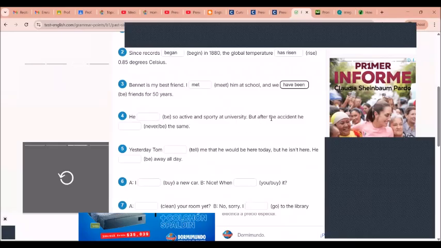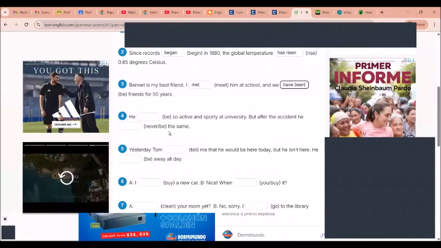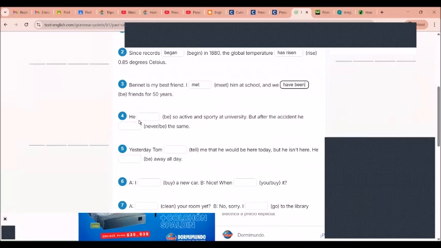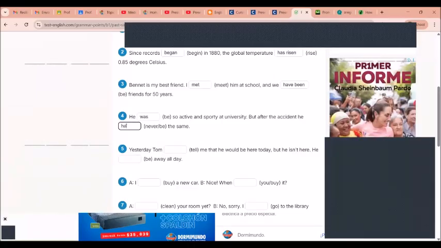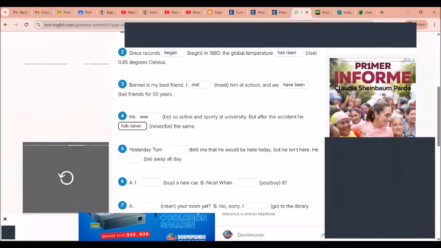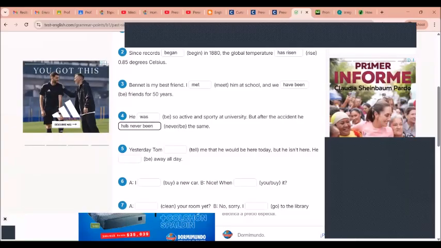But after the accident he has not been the same. All right, very close. We are assuming that these are two actions. So he was, pause, accident happened. All right, this is one way we could say it.